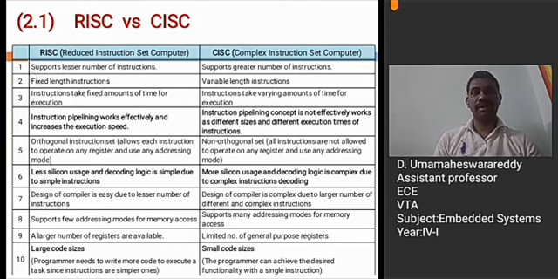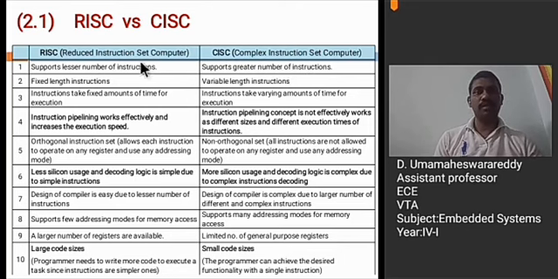As the name indicates, in RISC, your instruction set is reduced. So RISC supports a lesser number of instructions, whereas CISC supports a greater number of instructions. That is, you will find only a few instructions in RISC architecture, whereas many instructions in CISC architecture.